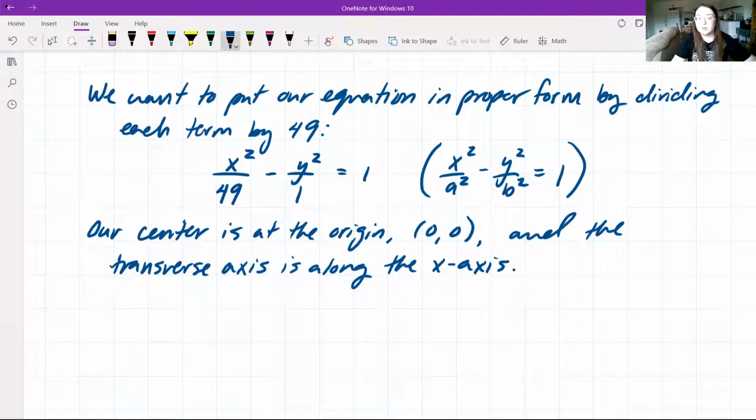If we had y squared divided by a squared, we know that our transverse axis would follow along the y-axis in that case. So it's whatever term, either x or y, is in the numerator of your a squared value. So whichever is larger.